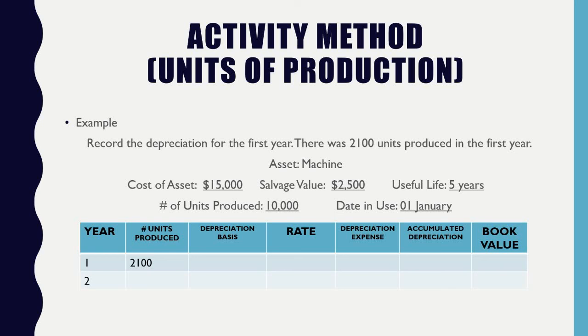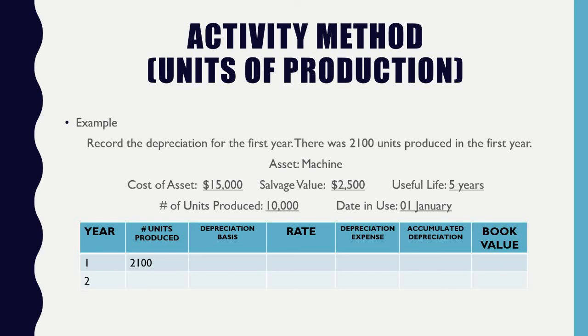Okay? Component number 3. Do you have a salvage value? Yes, you do, because we are going to be practicing sole proprietor, but again, we can use corporation, we can use GAAP's rules as well. In this case, I have a salvage value of 2,500. Number 4, when did you place it into service?